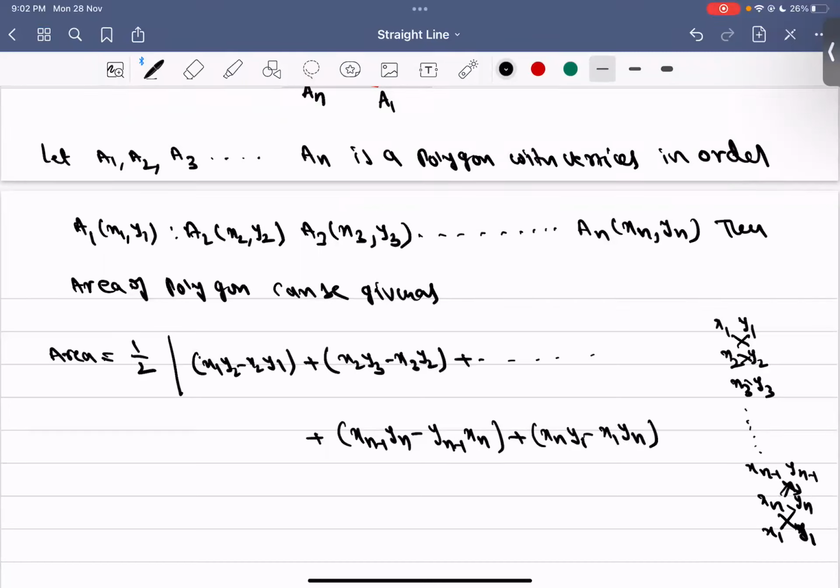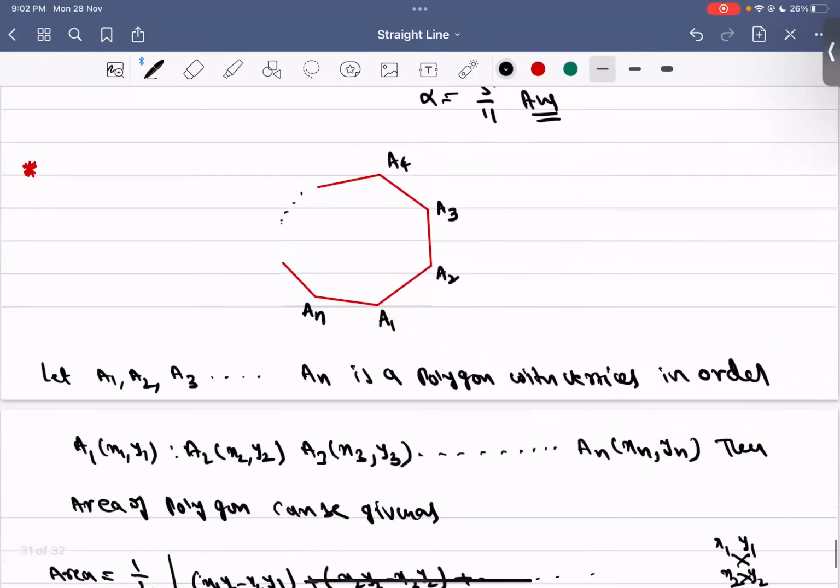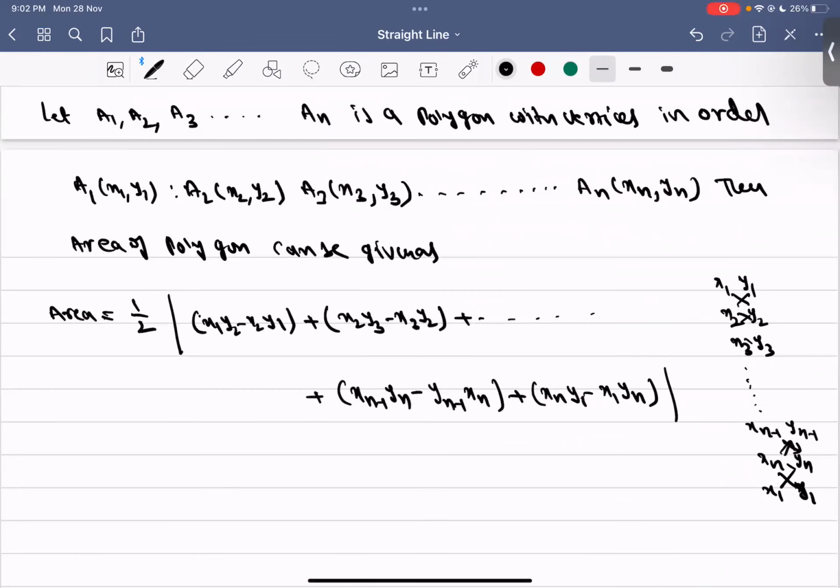Okay, so this is the area of the polygon formula. Is this clear? Yes, sir. So you memorize this as the formula.